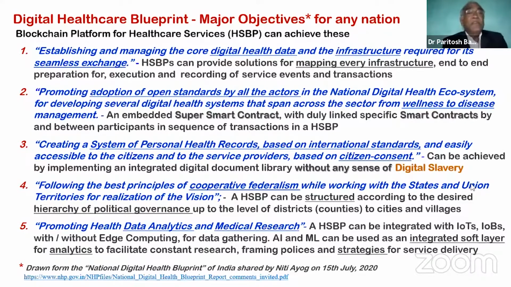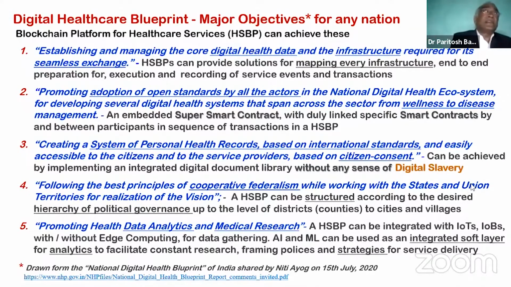The next objective would be creating a system of personal health records based on international standards. There cannot be any better, safe, and digitally enabled platform than a blockchain platform, which can keep the health data in an immutable distributed ledger technology system with complete safety and security.